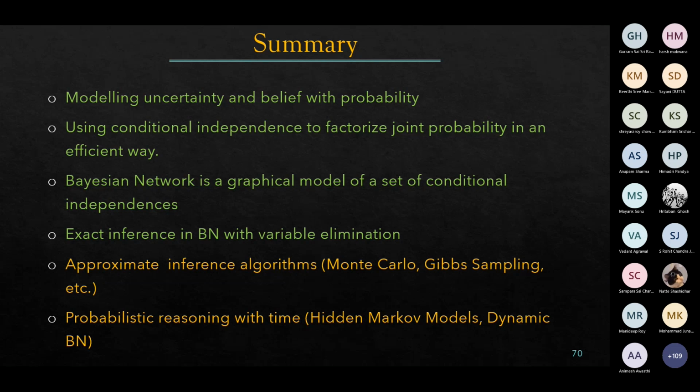That structure gives rise to a network of random variables, which we call a Bayesian network. We can perform exact inference on the Bayesian network using variable elimination as well as inference by enumeration that we have talked about earlier. But even though we perform these, in the worst case, we cannot avoid this 2 to the power n kind of complexity.